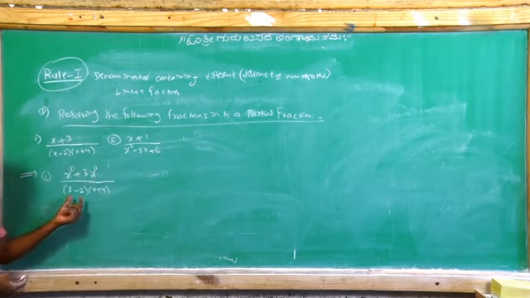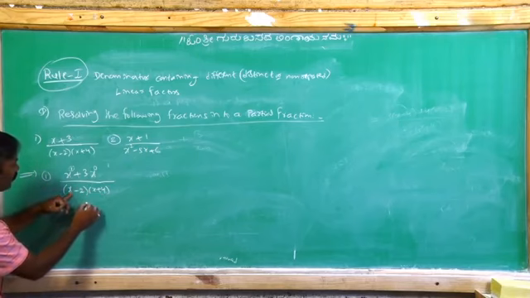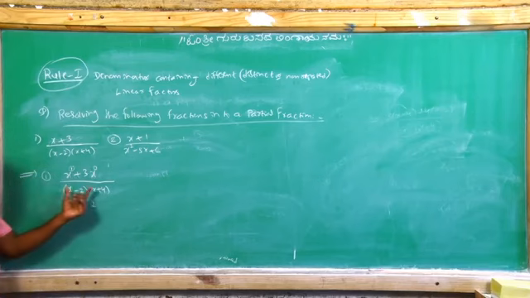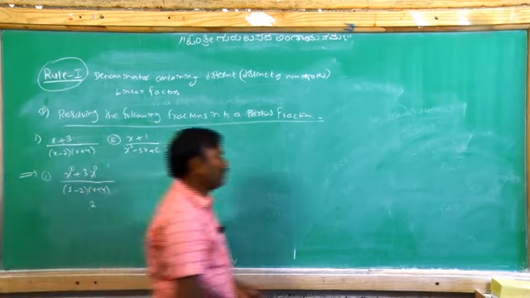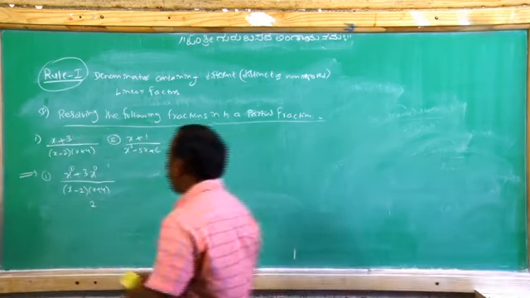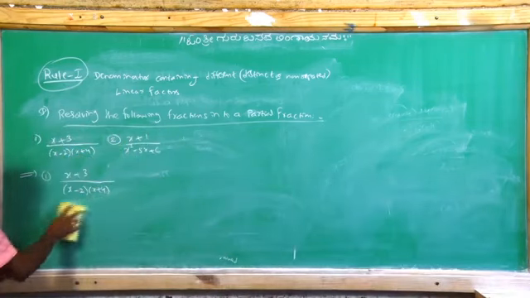Next, when we multiply x minus 2 into x plus 4, we get x power 2, so in the denominator the highest power of x is 2. The degree of the numerator is less than the degree of the denominator, so this fraction is a proper fraction.